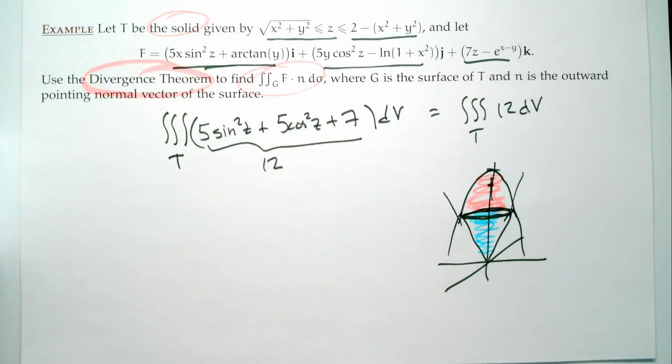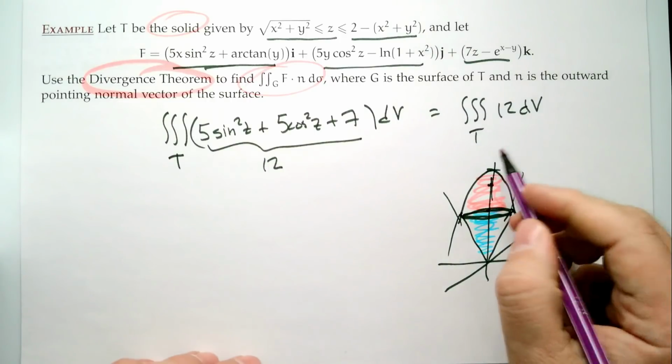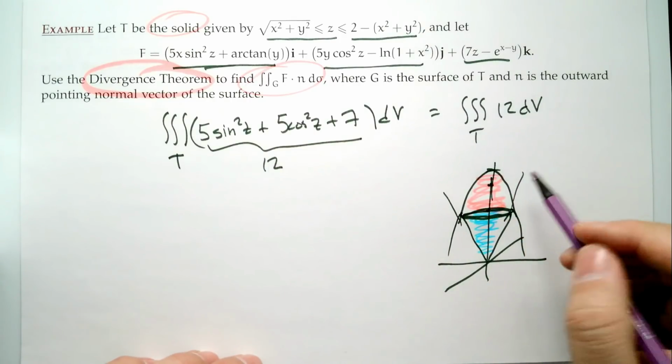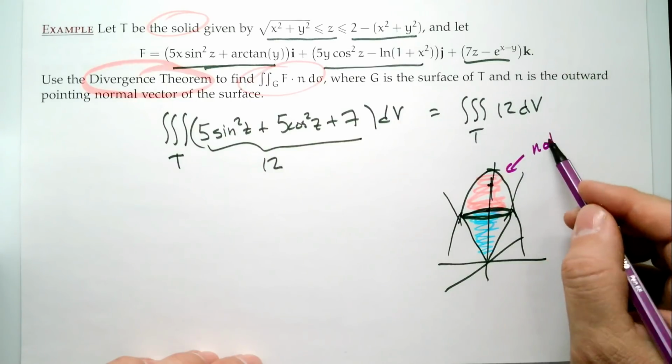Now, at this point, it's all about finding the volume, which we won't continue, other than to say, what should we do? What's our next step? In particular, what coordinate system should we be using? Cylindrical, because this is not a sphere.